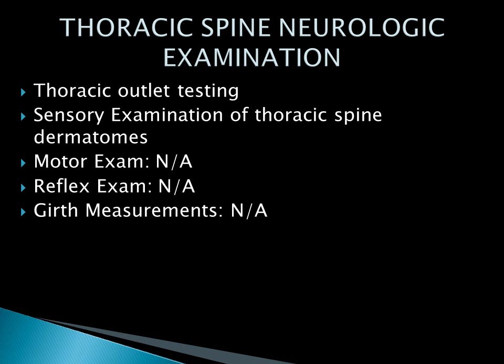There is no motor exam for the thoracic spine myotomes, and there is no reflex exam, and there are no girth measurements. So the examination procedures for the thoracic spine are simply limited to thoracic outlet testing and then sensory examination of the dermatomes.